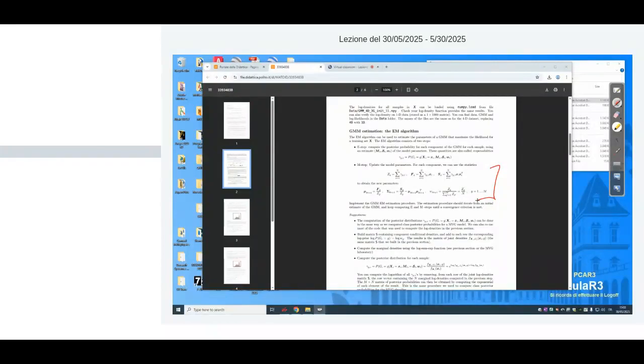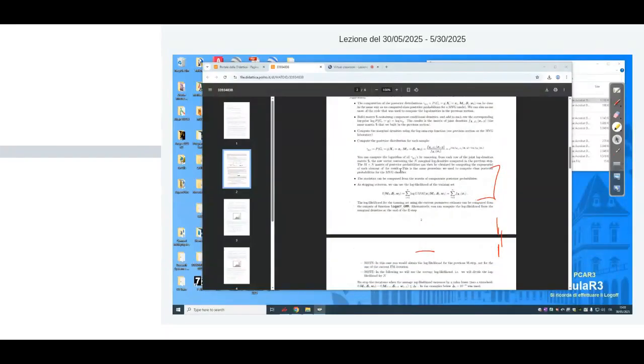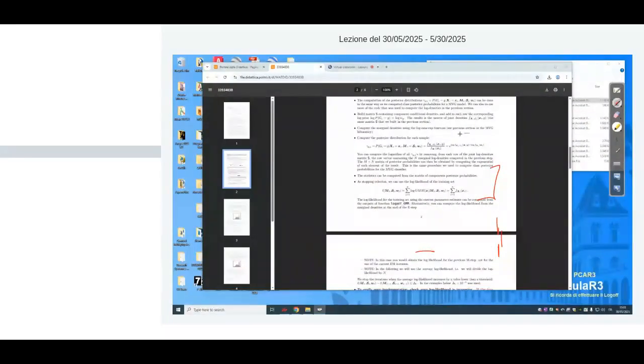Things to take into consideration. Here are the instructions that I just gave you. Remember to use the logsumexp function whenever you need to take the sum of exponentials of something. Again, computing the log posterior. These are the same instructions as for the MVG. So these are things that I rewrote, but that you should already know.